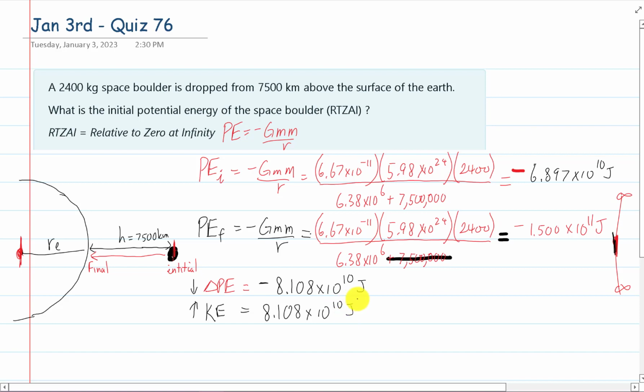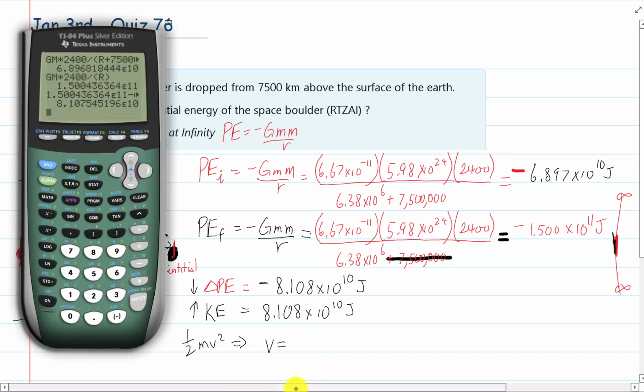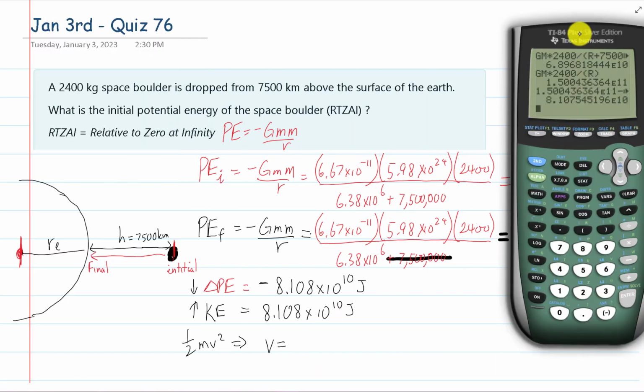Okay, and since kinetic energy is 1/2 mv squared, we have that kinetic energy. We can calculate for velocity now. Velocity is going to be the square root of 2 times the kinetic energy divided by the mass. I'll write that down. So I'll take the square root of 2 times that kinetic energy divided by the mass. The mass is 2,400.